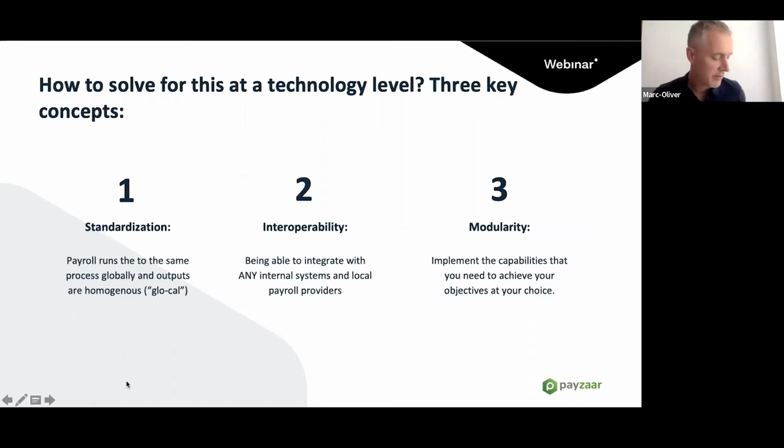Sure. Thanks, Trevor. So yeah, look, as Trevor described, the challenges are obvious in order to bring some of the improvements, some of the automation and optimization into a global payroll environment, especially when you're thinking about moving down the traditional path of replacing your entire existing payroll vendor network.